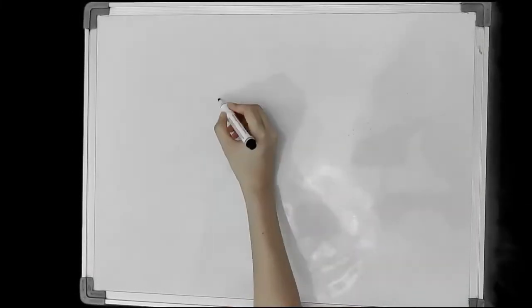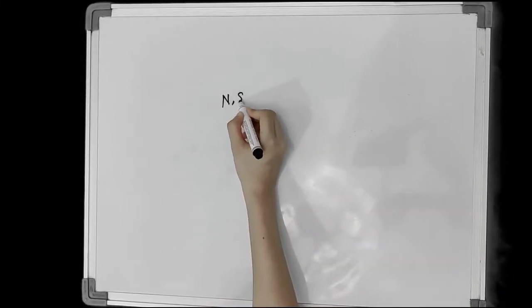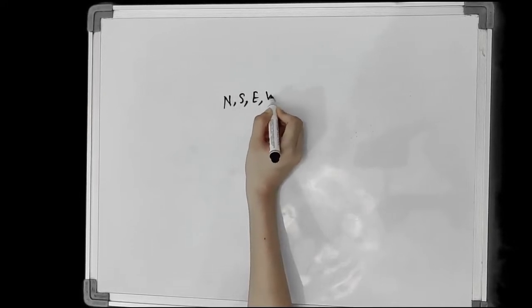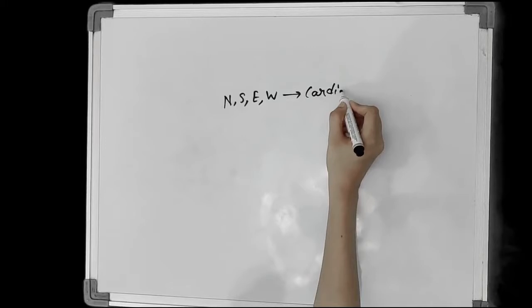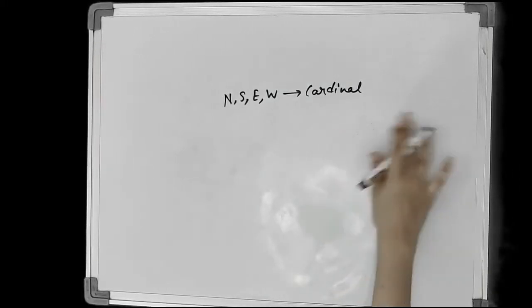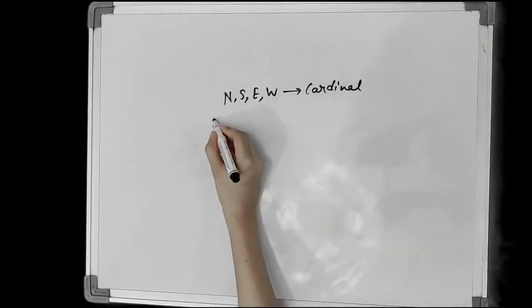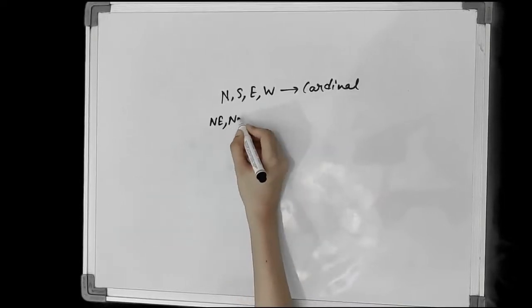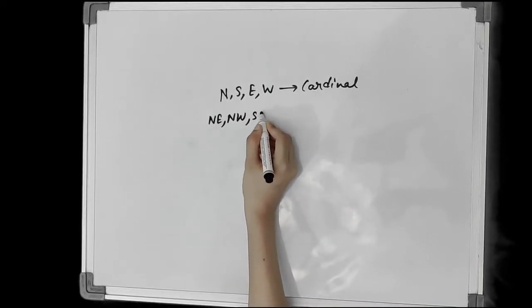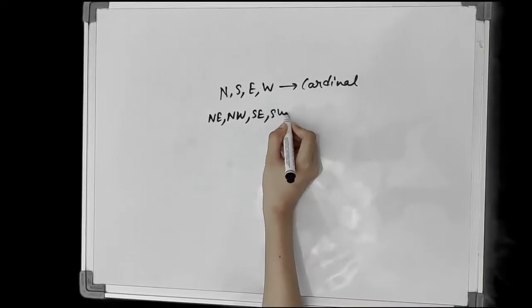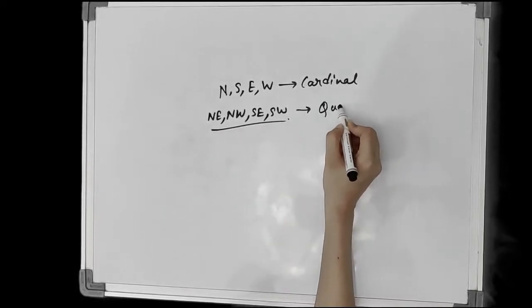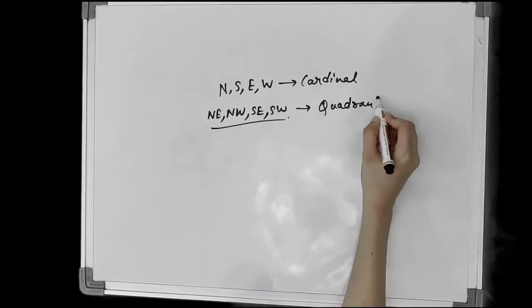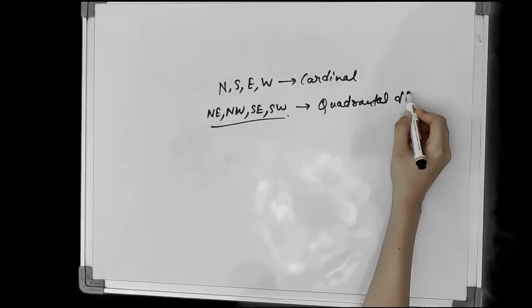So these directions, north, south, east and west, are termed as cardinal directions. And there are more directions like northeast, northwest, southeast, southwest. These are called quadrantal directions.